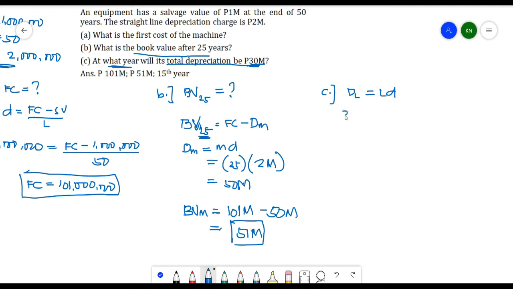So we have 30M is equivalent to L times our D, which is 2 million. Dividing both sides by 2 million, our L is equivalent to 15 years.